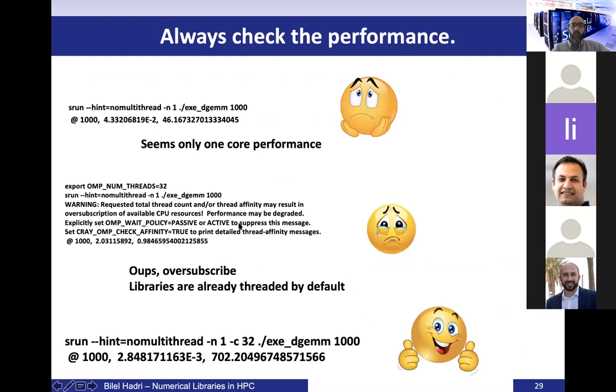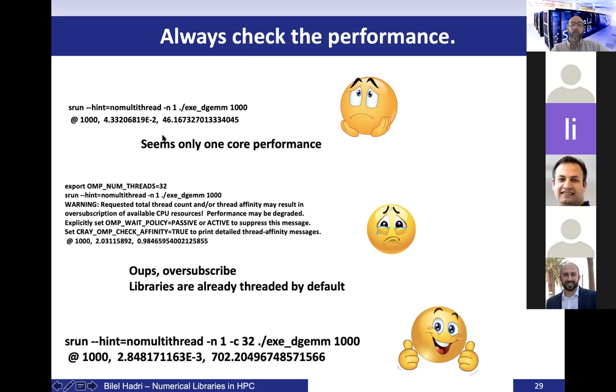So I did my first run on Shaheen, for example, with srun -n1 dgemm and 1000, and I got only 46 gigaflops. Whoa, what's going on here? When I look at it, 46 is very close to only one core running.